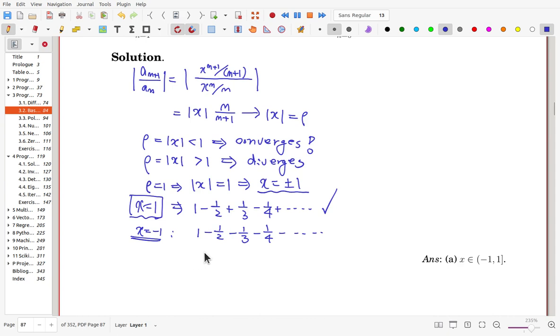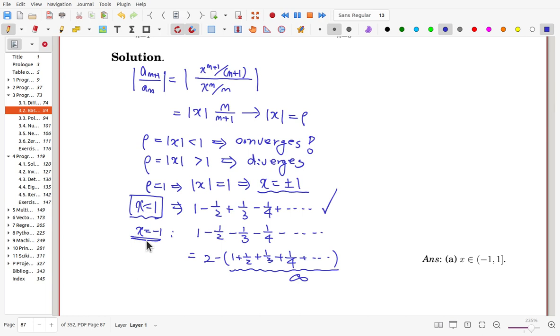You can write this as minus times the quantity 1 plus 1/2 plus 1/3 plus 1/4 and so on. But we know from the theory that this sum is infinite, blowing up. So this whole value will go to minus infinity. So when x is minus 1, it's not convergent.